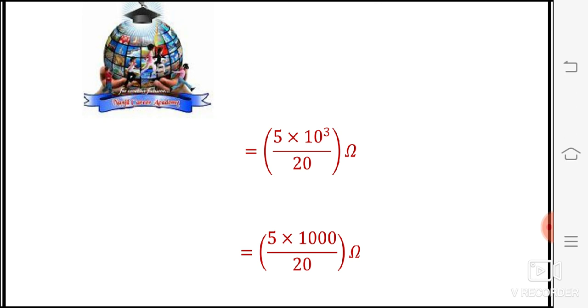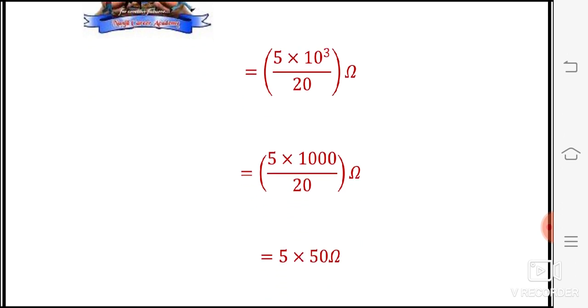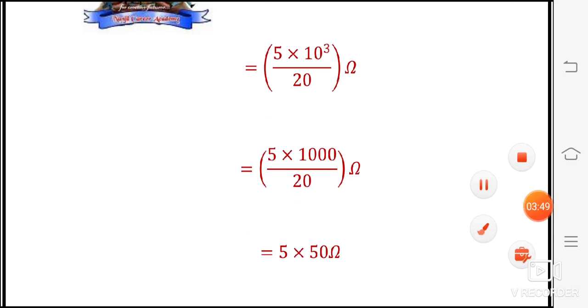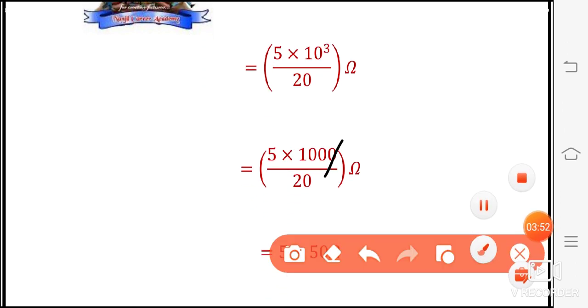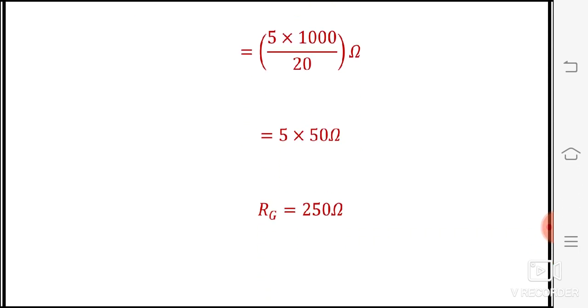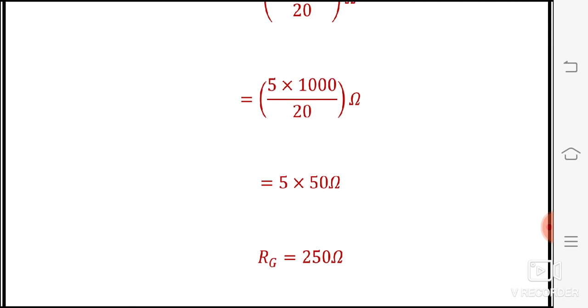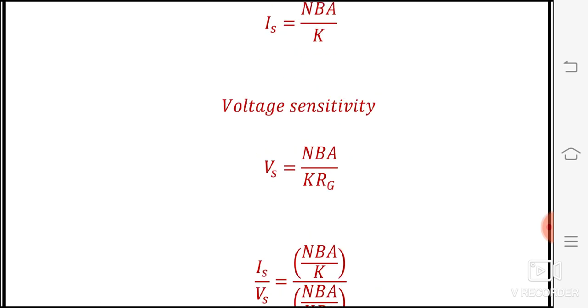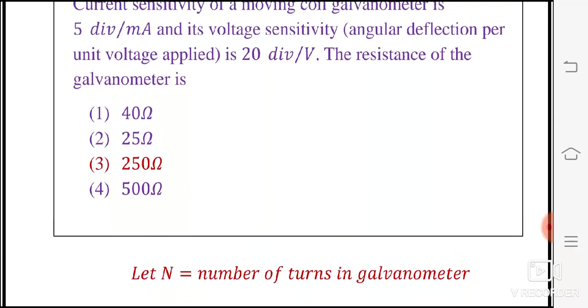So 5 into 1000 divided by 20 ohm, which is equal to 250 ohm. So the value of galvanometer resistance Rg is 250 ohm. Third option.